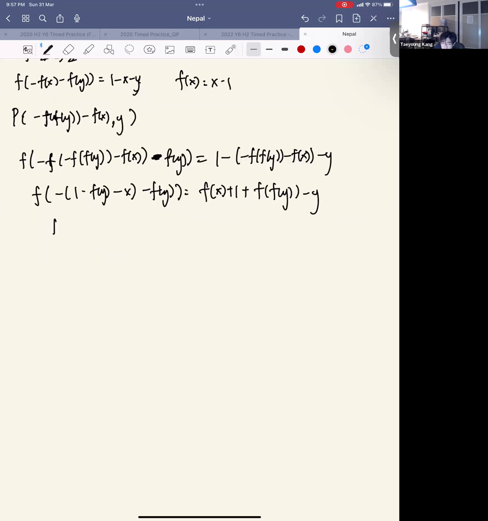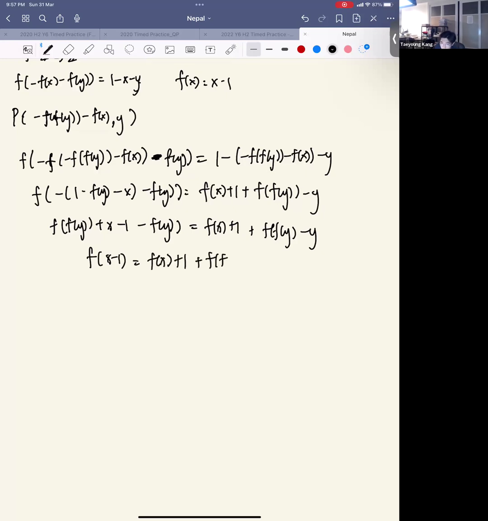So f(y + x - 1 - f(y)) equals f(x) + 1 + f(f(y) - y). Then this gives us that f(x - 1) equals f(x) + 1 + f(y) - y.